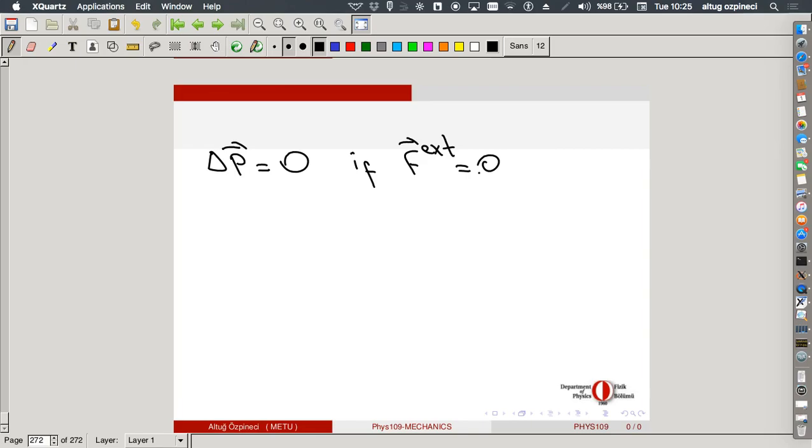Now, here we didn't say anything, for example, about the energy conservation. Energy might be conserved, energy might not be conserved. Whether energy is conserved or not, momentum is always conserved as long as Newton's third law is valid. Because momentum conservation is only based on Newton's third law.